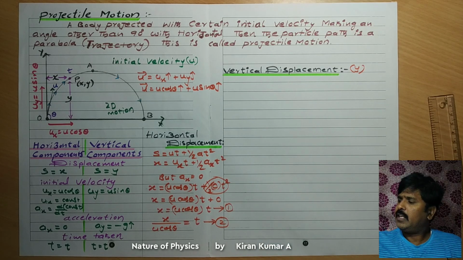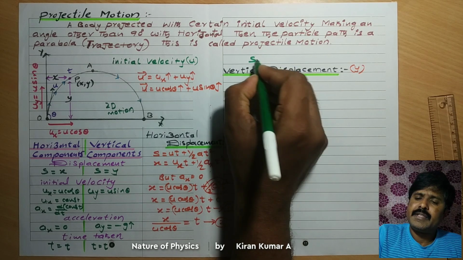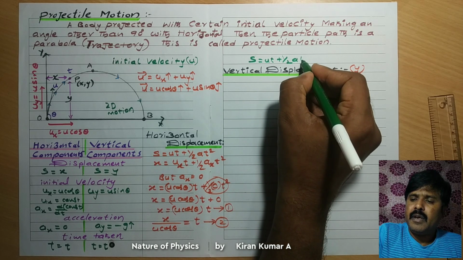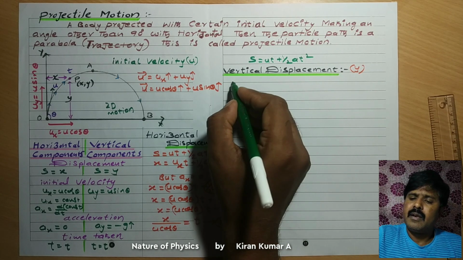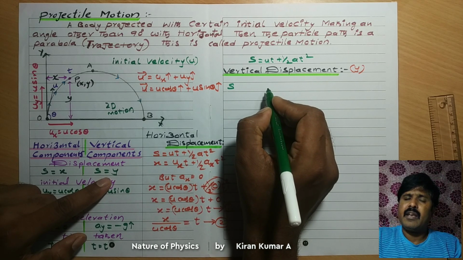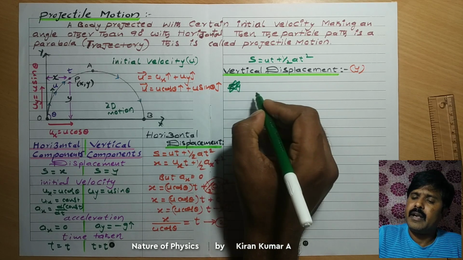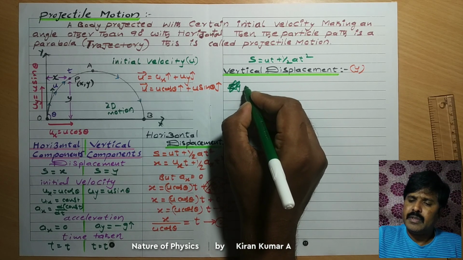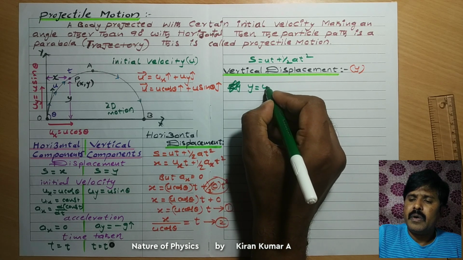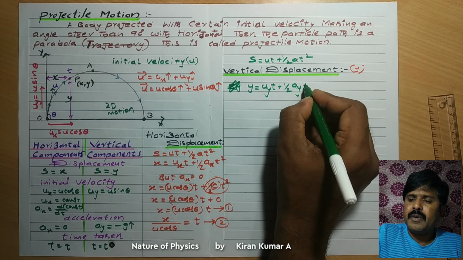For this vertical displacement, the basic equation again I am using is s is equal to ut plus half at square, and here s is equal to y. Again I don't want to write it, s is equal to y, so I write it directly. Okay, see, y is equal to u, that is uy, into t plus half into ay into t square.